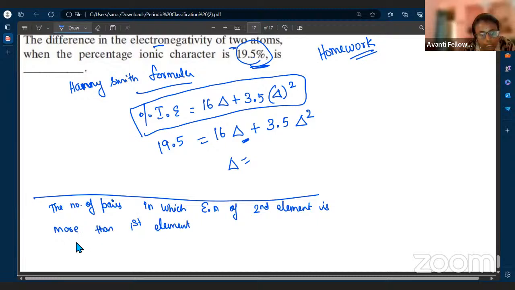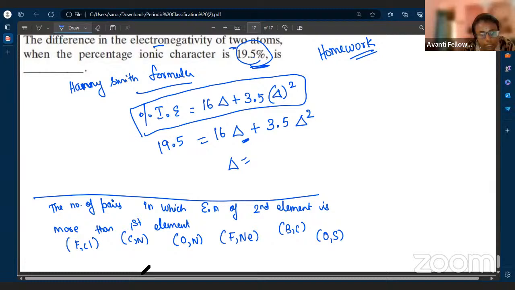The pairs are: fluorine, chlorine, first pair; carbon, nitrogen; oxygen, nitrogen, third pair; fluorine, neon, fourth pair; boron, carbon, fifth pair; oxygen, sulfur, sixth pair. You can screenshot this question, or else I'll send you the class notes, where you can look for the question and find the answer. And I'll also send you some DPPs to solve.